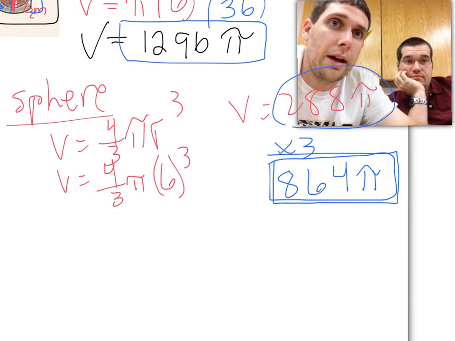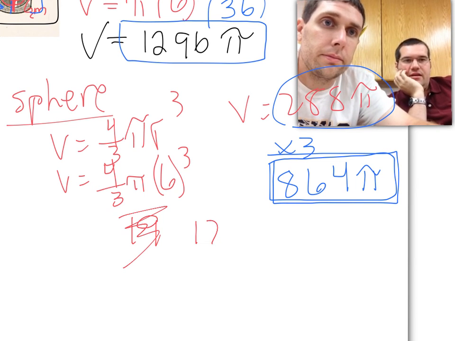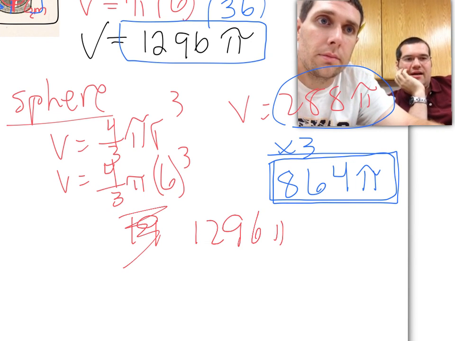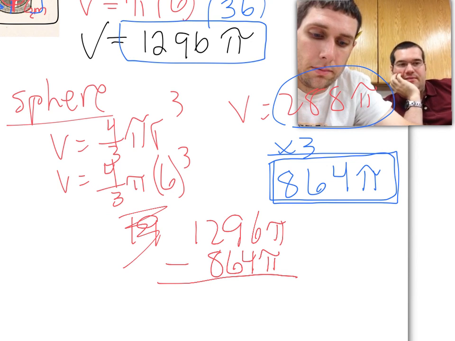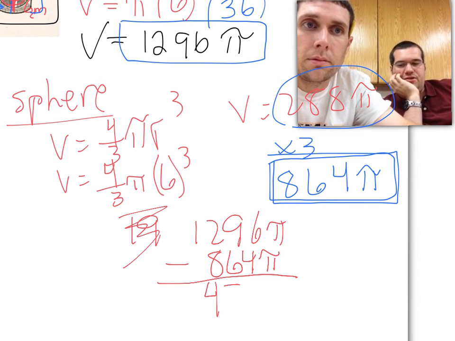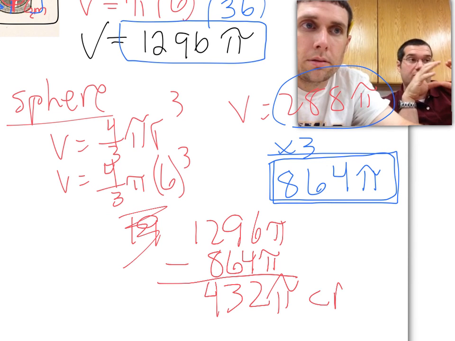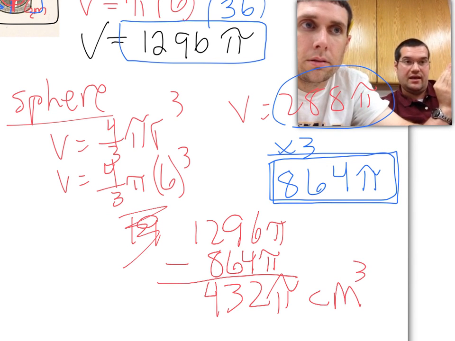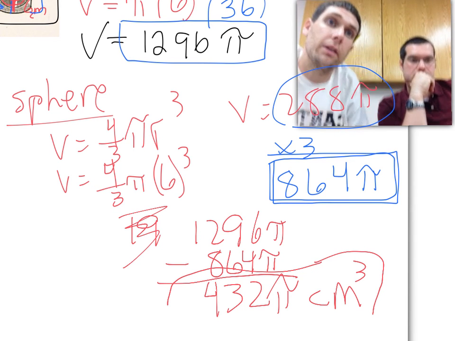If the whole cylinder is 1296 pi, and each one of the balls is 288 pi, you have to times it by 3, subtract all of it, and you should end up with 432 pi for the space between the tennis balls and the canister. And that we label centimeters cubed because that's our final answer.